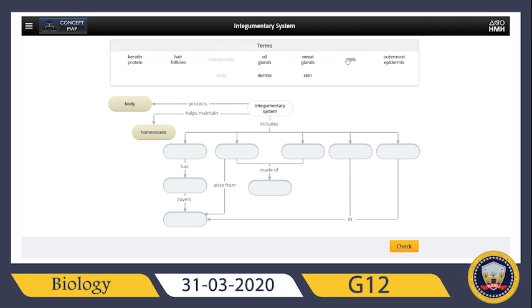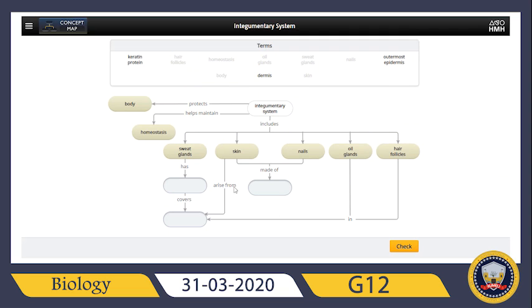Includes what? Nails or what? Be careful here, guys. So let's try hair follicles. No, sorry. Let's try sweat glands, skin, nails, and what else? Oil glands, hair follicles.